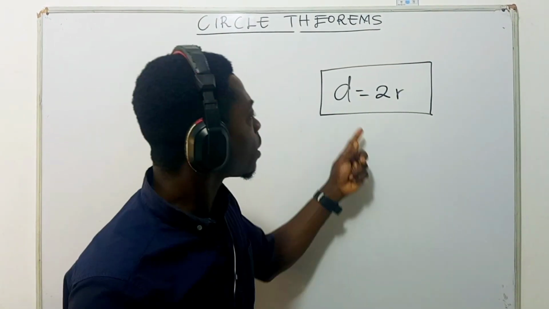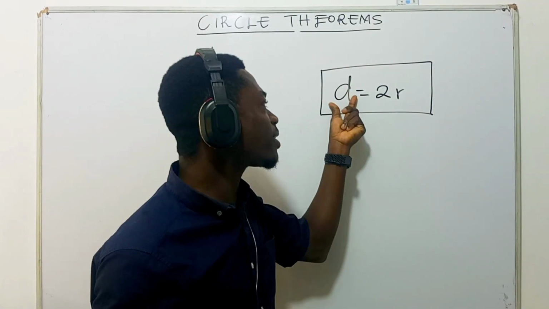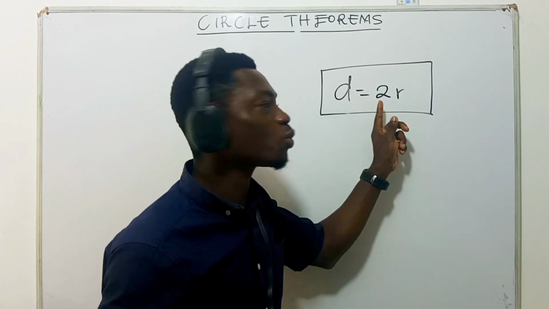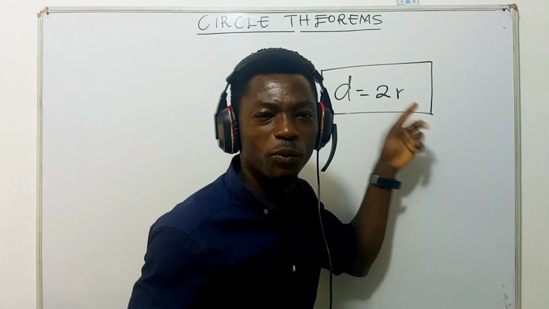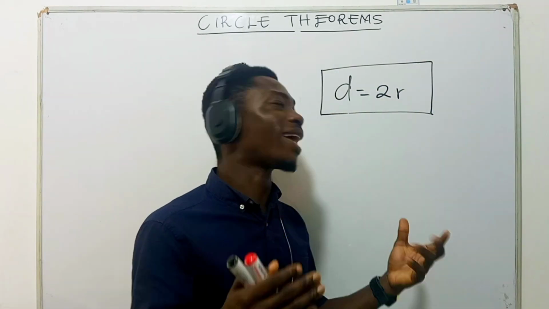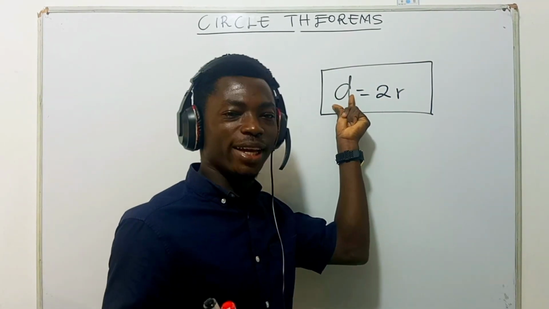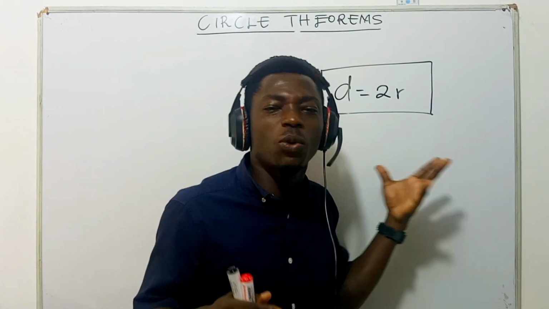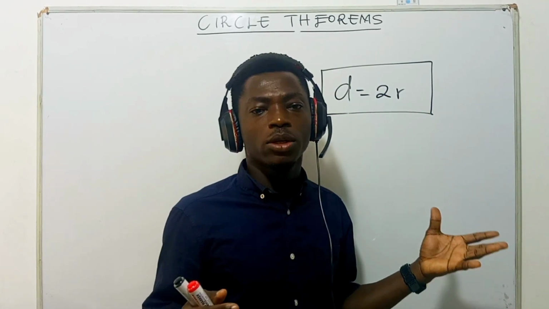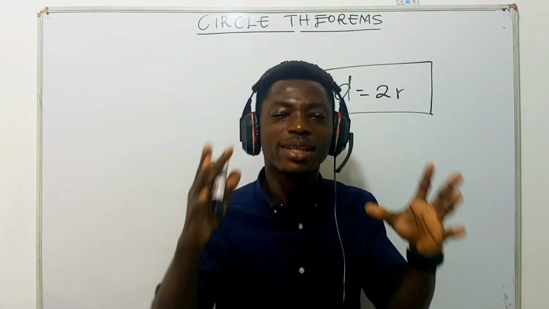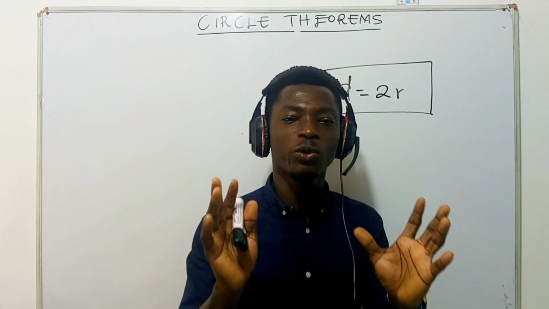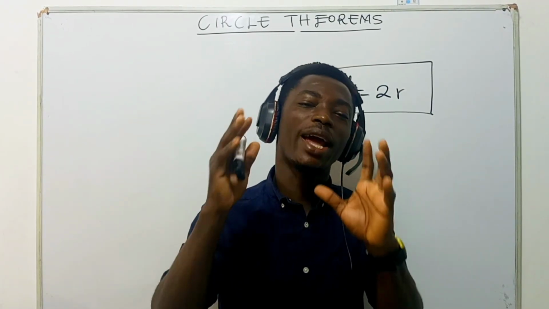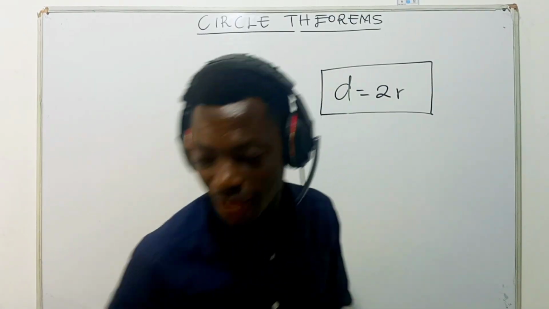Why? Because we all know that the diameter of any given circle is equal to 2 times the radius. We can prove that indeed the diameter of any given circle is equal to 2 times its radius, so we can call this a theorem. So a theorem is any statement that can be proved based on a known and proven fact. That is basically it.